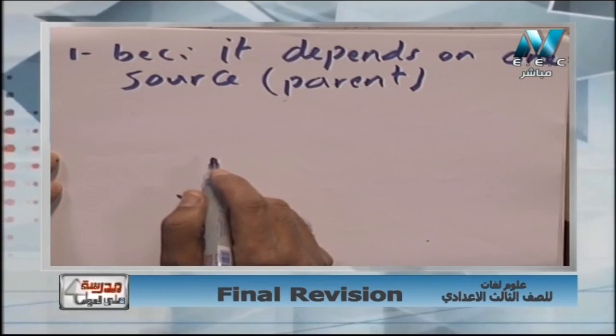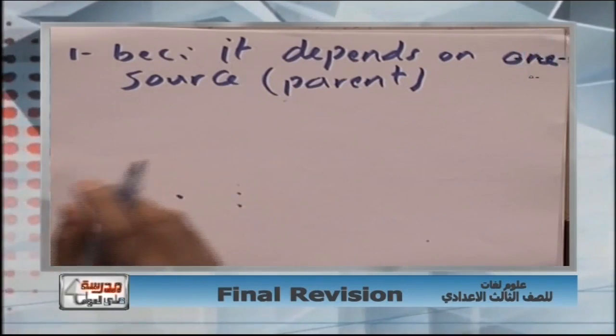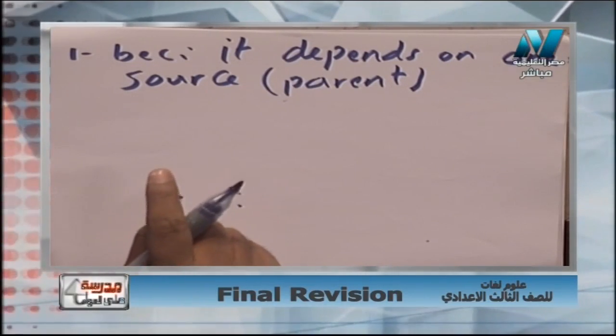They are unicellular living organisms that just have one cell. This cell divides mitotically to produce offsprings, new individuals. They are identical to their parent. Why identical? Because they depend on just one parent.